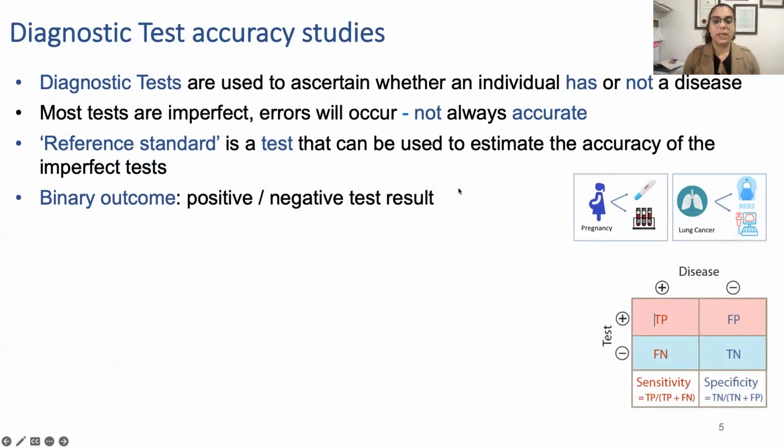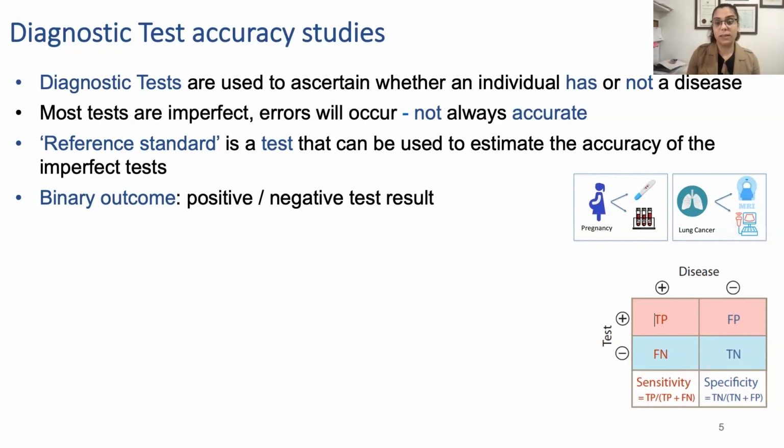Now, the diagnosis of a medical condition is an important step in healthcare decision-making. And diagnostic tests are used to clarify whether an individual has or does not have a disease, a target condition. But most tests, which we often call index tests, are imperfect.